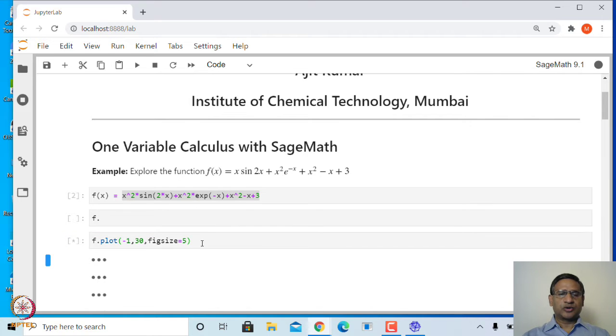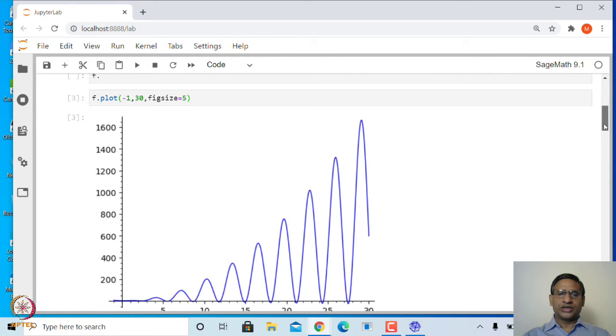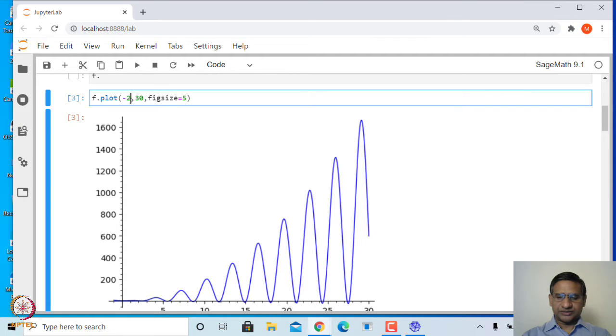So, let us first plot its graph between minus 1 and 30. This is how the graph looks. So, let us plot this between minus 20 and 20.